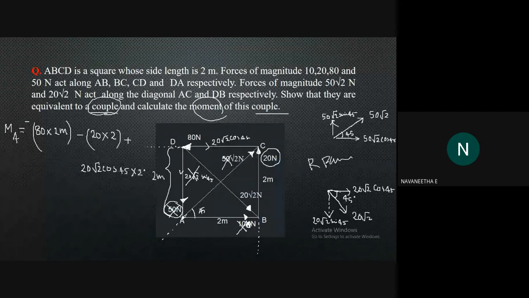So what is the value of moment? Is it 0? Find out the value. If it is 0, we can say the entire system is in equilibrium. If it is not equal to 0, we get a value for MA, and we can say that it is a couple. So it mainly depends upon the value of MA.